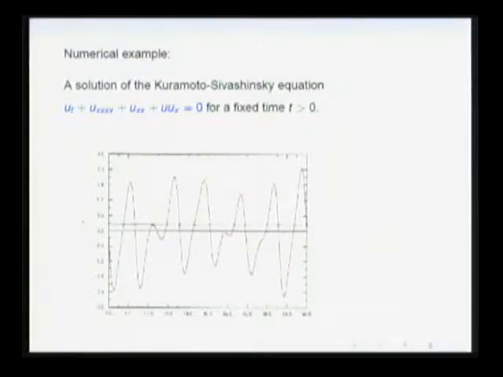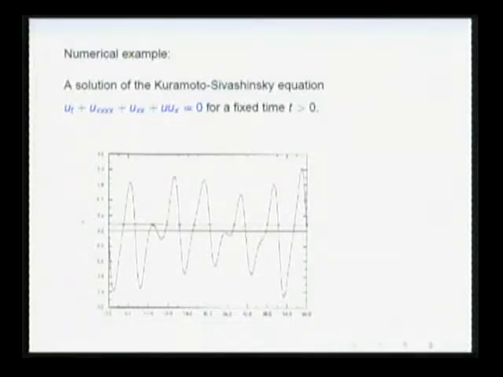That's called Matano's principle. In Kuramoto-Sivashinsky, however, you can see that zeros can be created. Like this bump came out of nowhere and it's going to go up and this one is going to go down. And the zeros do get created.